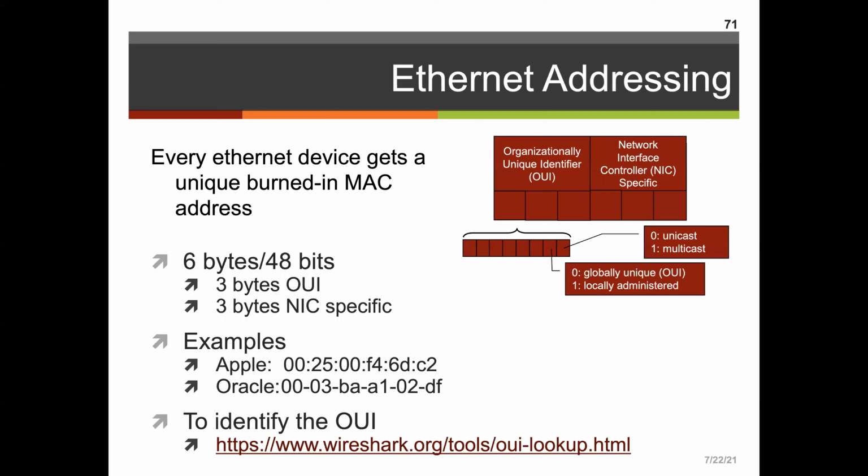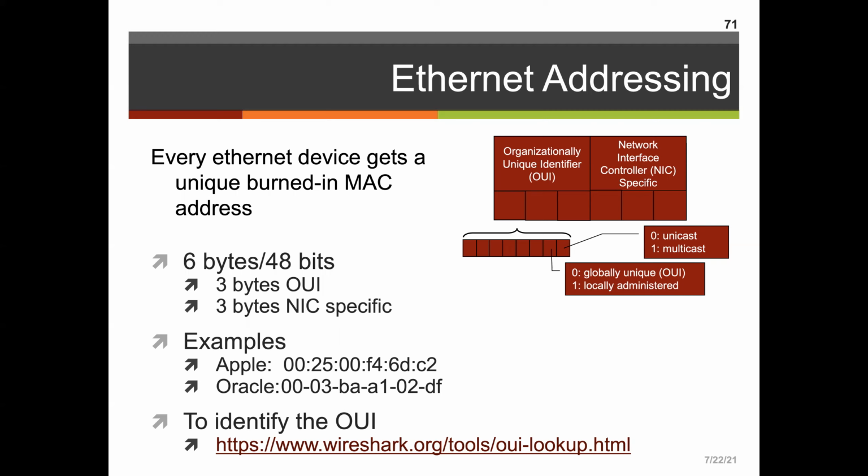And so when you consider Ethernet addressing, every Ethernet device gets its own unique MAC address. The MAC address represents 6 bytes or 48 bits. 3 bytes represent the OUI, and 3 bytes represent the NIC specific portion.